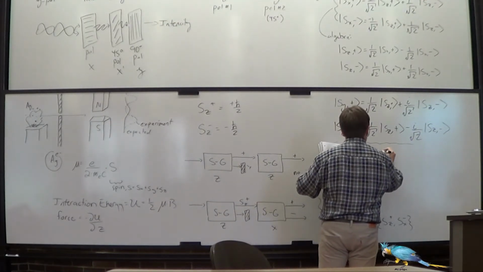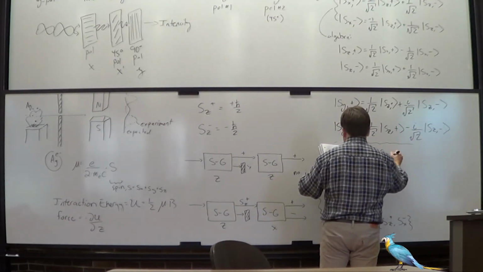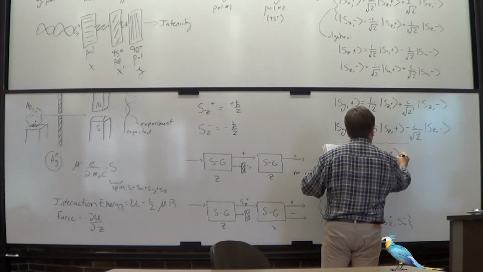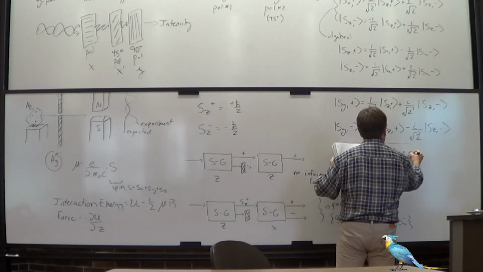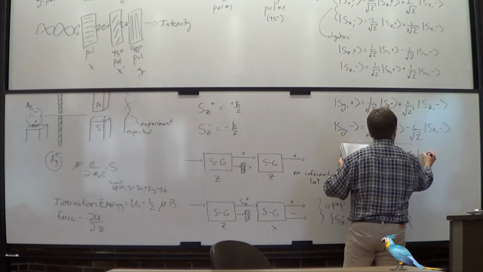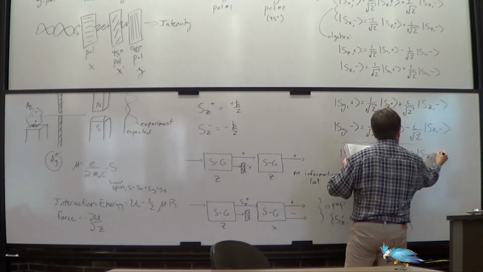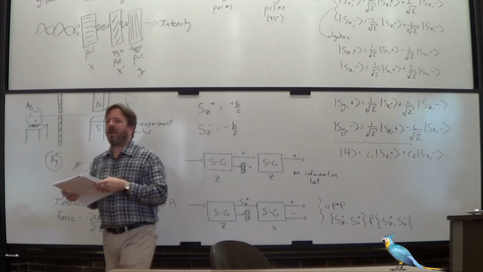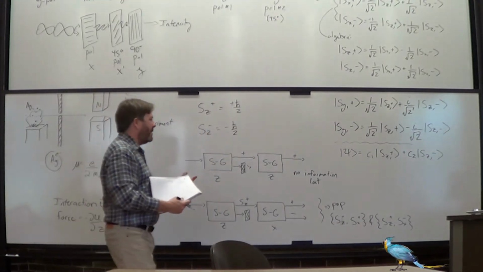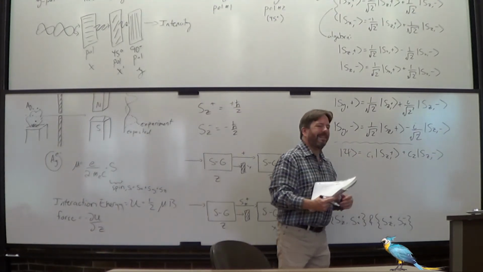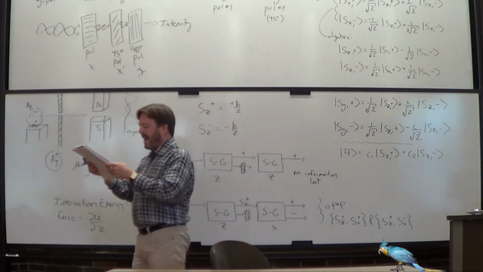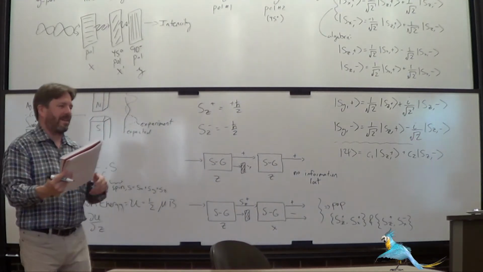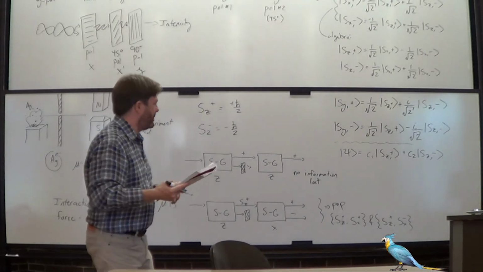When you don't know what you're dealing with in terms of your experiment, you're going to have some kind of state that you don't necessarily know. I'm going to represent that as a state where there's some weighting factor of plus or minus. Of course, not having set what the C's are, they could represent that.